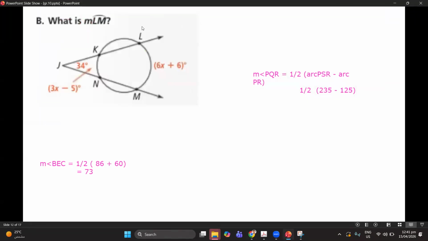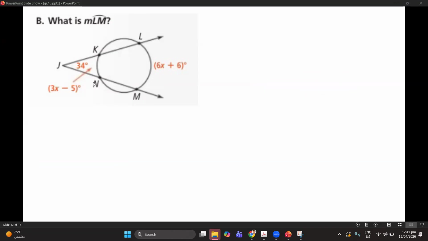Let's go back now to B here. What do I have? I have the measure of angle J, which is 34. I have the length of LM given as an expression, 6x plus 6, and the length of KN, 3x minus 5.